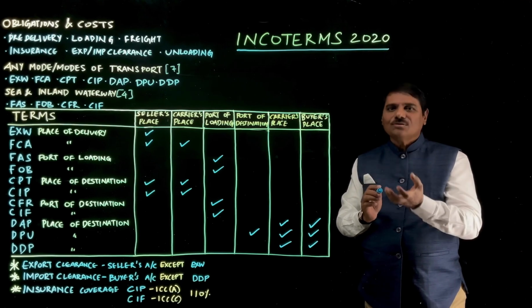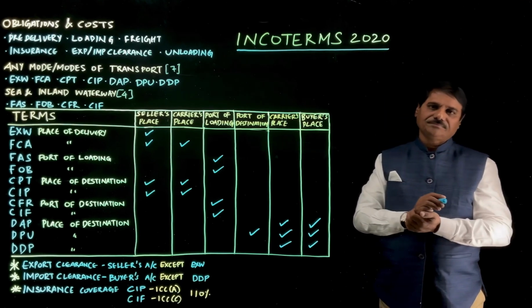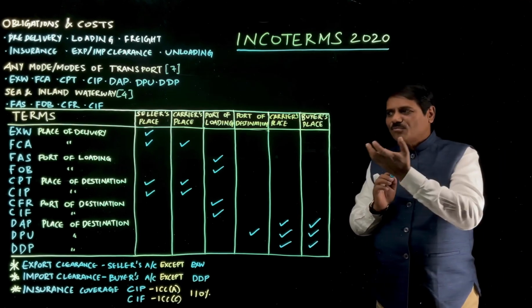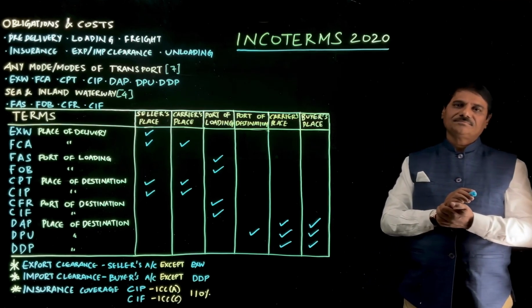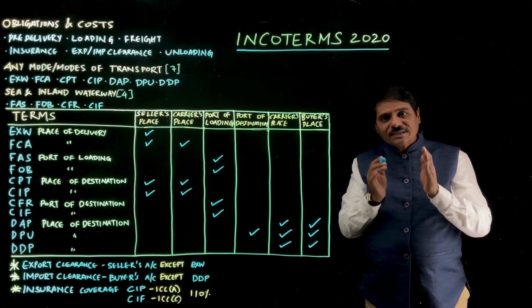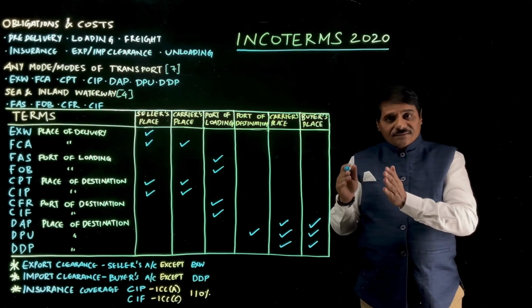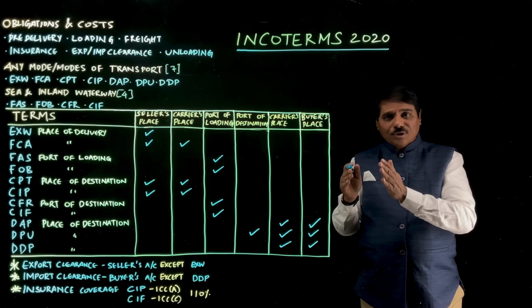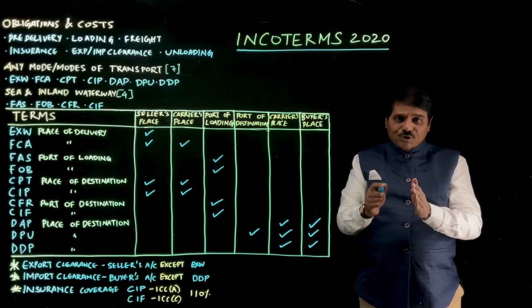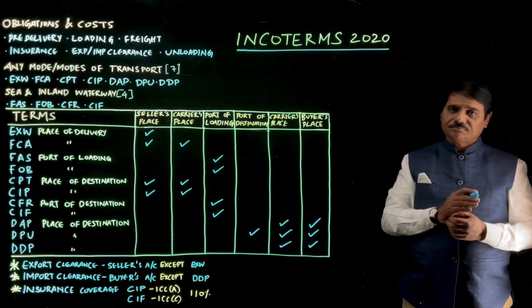You have to insert Mumbai port: FAS, Mumbai port, free alongside the ship. It means the seller is responsible to carry the goods up to alongside the ship.